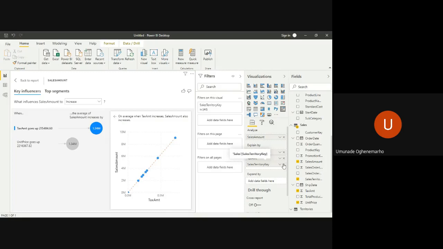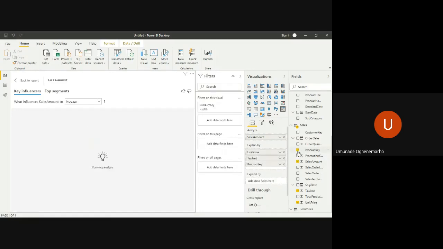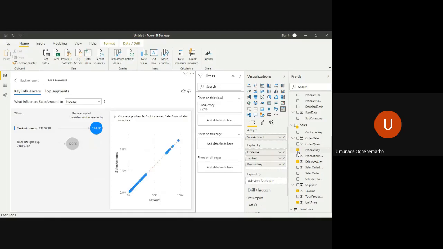What happens when I remove the sales territory key and put the product key instead? Now we can see there's a vast difference in the key influencer, because what is being categorized is each product, not where the sale was made. So remember, your category also directly influences this.